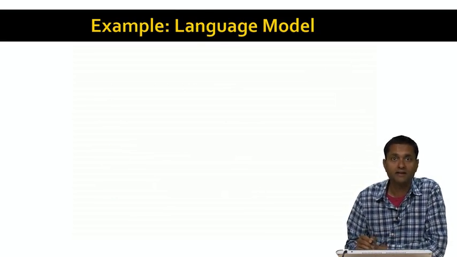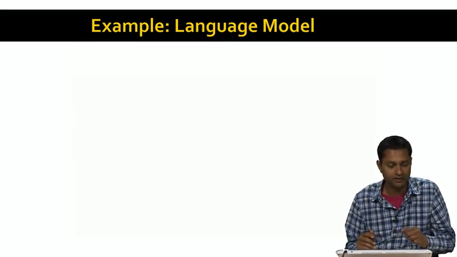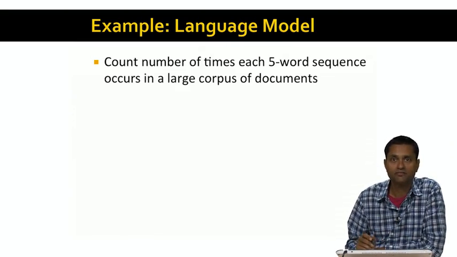Here's another example. Let's say you're building a language model. You have a large collection of documents, and you want to build a language model, and this language model, for some reason, requires the count of every 5-word sequence. Every unique 5-word sequence that occurs in a large corpus of documents. Earlier, we looked at counting each unique word.